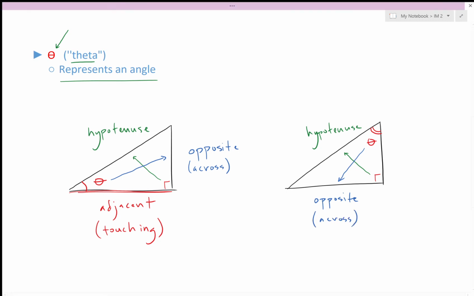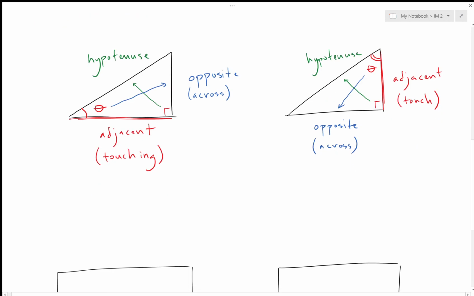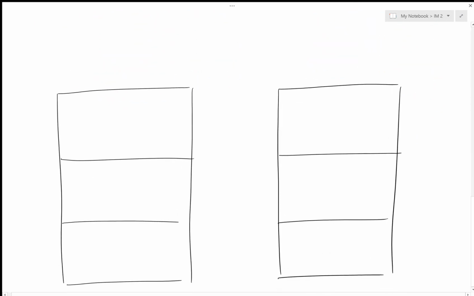So I have the hypotenuse, I have the opposite. That means this side over here now is the adjacent side. And that adjacent side is the one that's touching the theta symbol. So depending on where the theta is, sometimes the words change around, but they're always there. There's opposite, hypotenuse, and adjacent. Now those words are going to be important for us when we actually look at the 6 trig functions here.